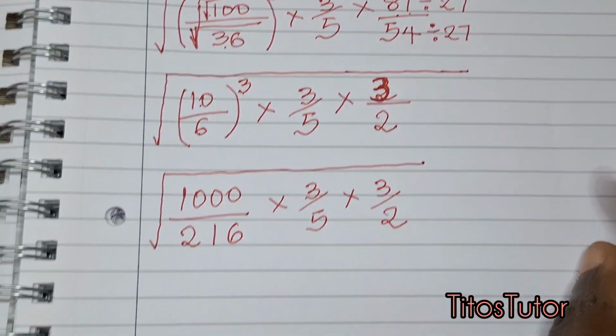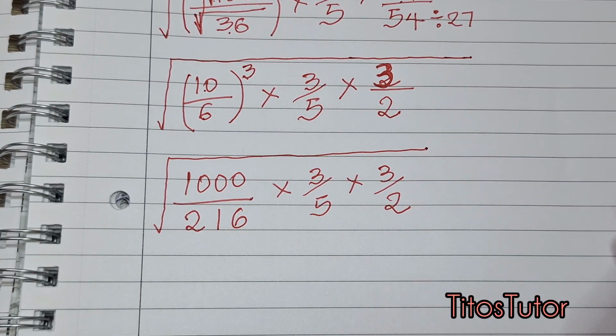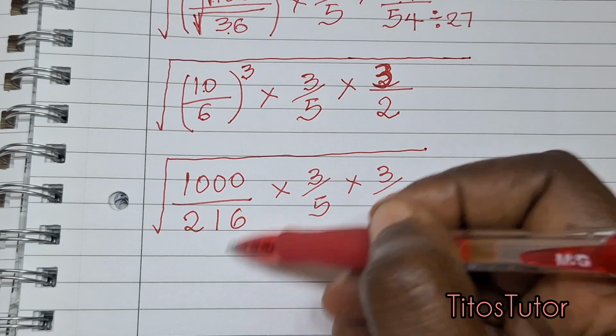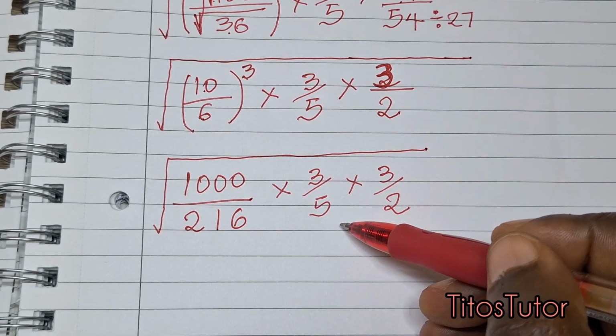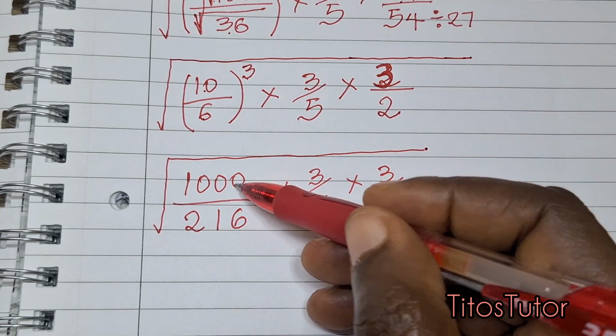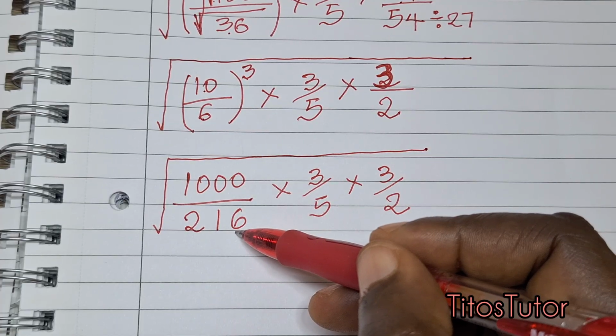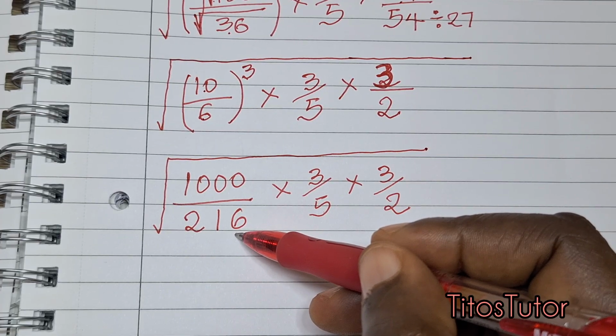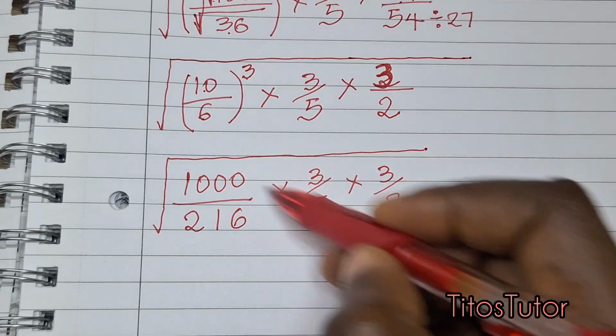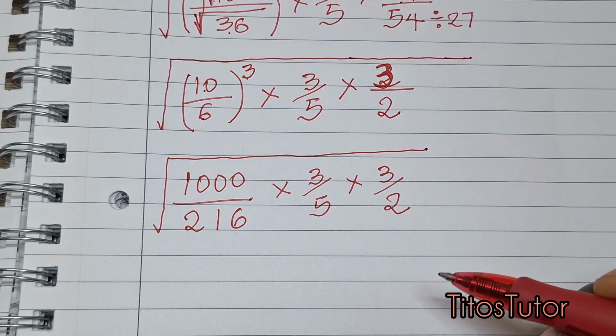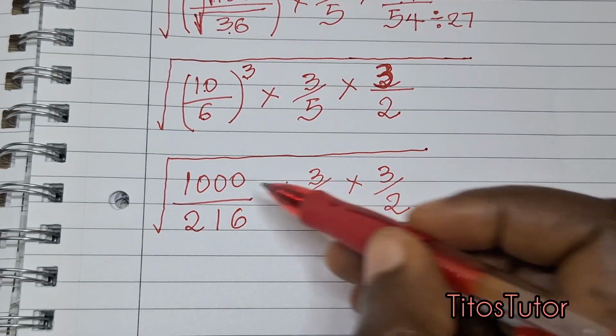Okay, so now we're going to break down our fractions by dividing diagonally, if it's possible, because I can see 3 can go in this, 5 can go in 1000, 3 can also go in 216. So let's divide diagonally just to break down the fraction so it doesn't look too big before we multiply straight.